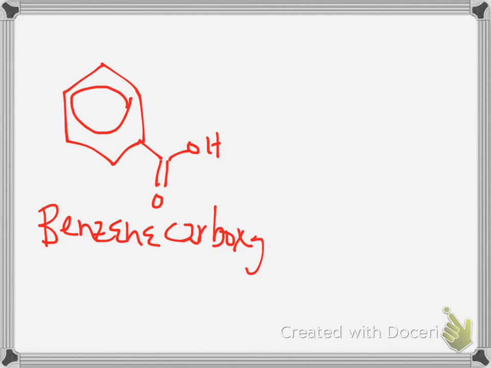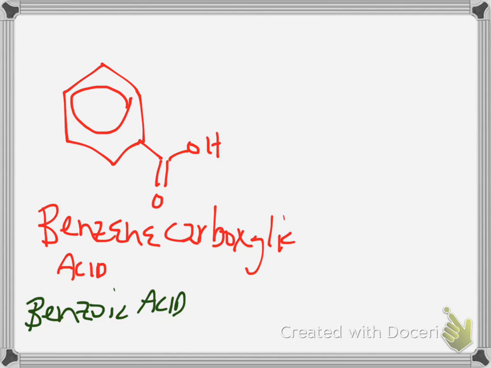However, I will tell you right now, that is not it. It also has a common name, one that you've actually already memorized in the past. That is IUPAC acceptable. Instead of benzene carboxylic acid, it is more commonly called benzoic acid. Okay, let's do another example.